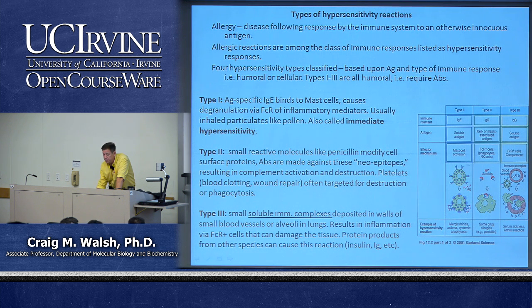That then leads to binding and activation of what are called mast cells, which are essentially an innate leukocyte that's part of our innate immune system.